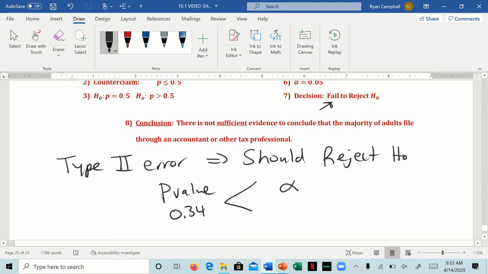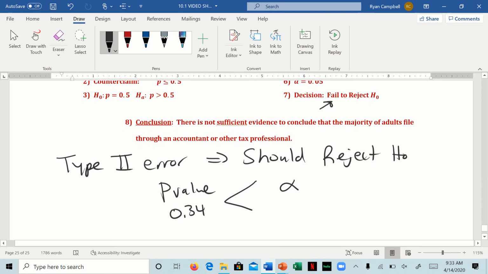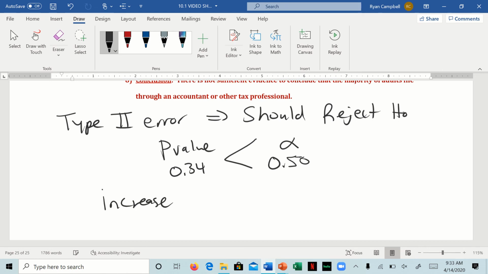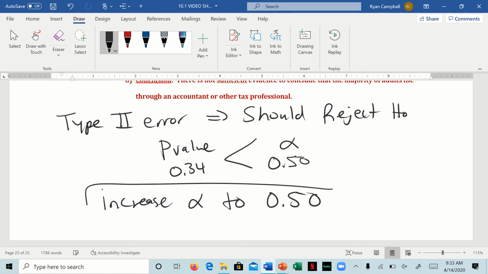So we just need to find an alpha that's bigger than 0.34. So we could have 0.50. We could have 0.40. We could have 0.35, right? It doesn't really matter, just as long as it's bigger than our p-value. So we could increase the significance level to 0.50.